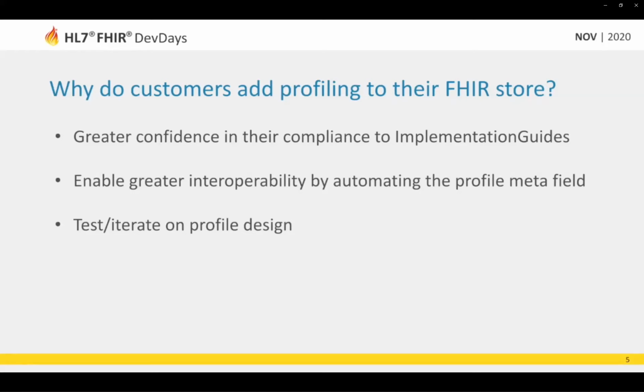Since we've checked that the resources conform to our understanding of the US Core profiles, we can just add that URL to the profile meta field and do that annotation for you. You can also just perform iteration on your profiles themselves, update a new version of your profiles, send in your test cases as resources, and see if they pass or fail.